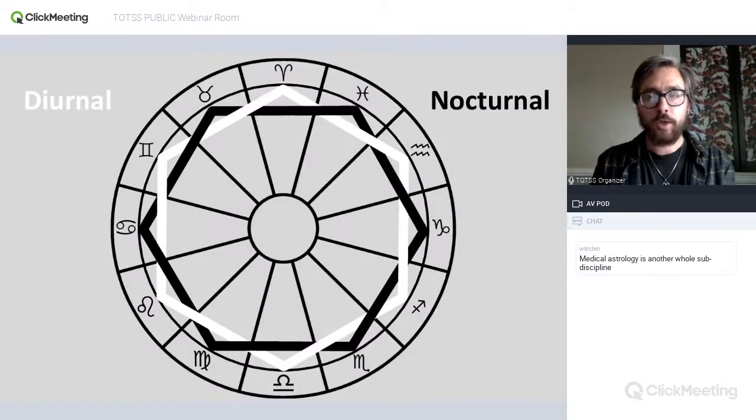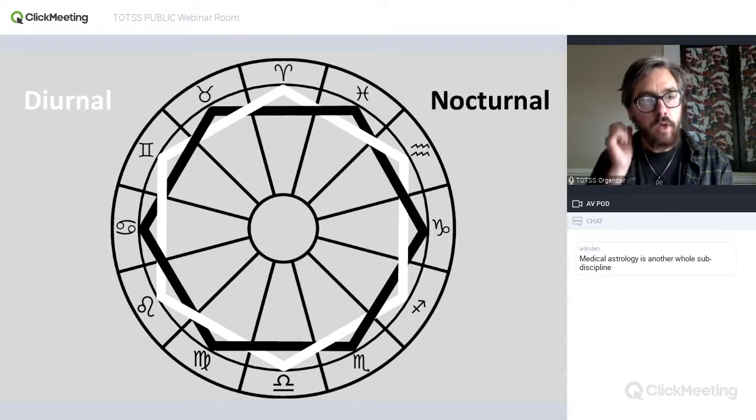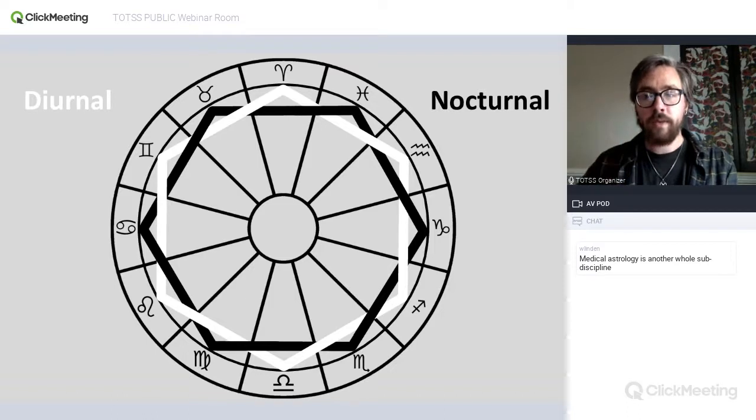All right, so I just want to show you around the zodiac what these groupings look like, and the geometric forms that they produce. So here, the white hexagon, and it's significant that these are hexagons we're looking at here, as we'll see in a few minutes. The white hexagon touches all the diurnal signs, right?